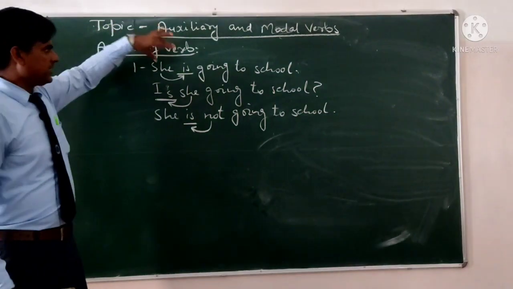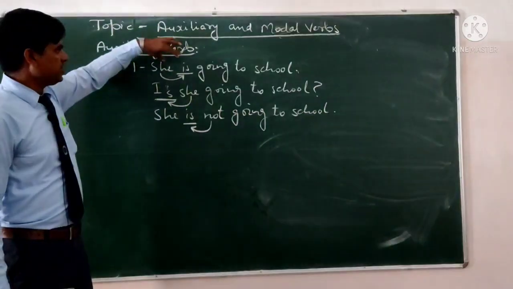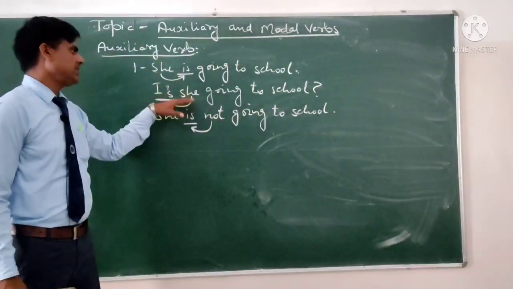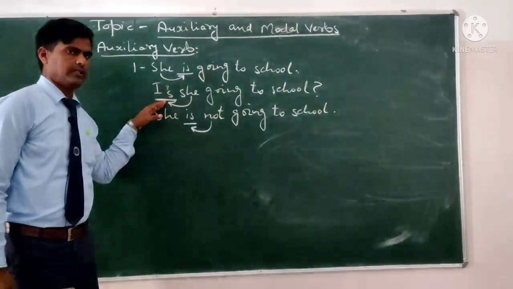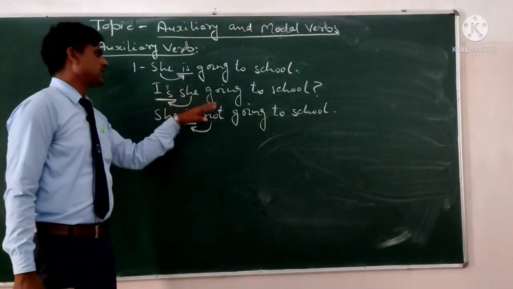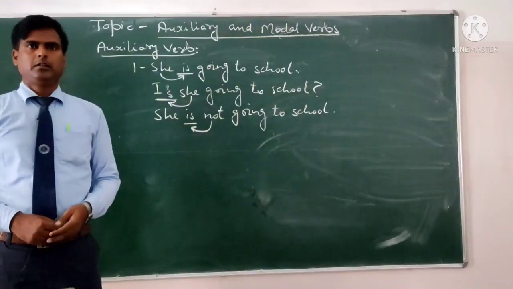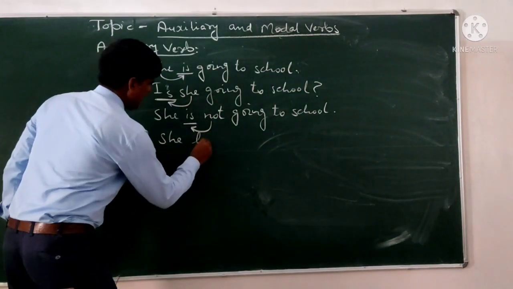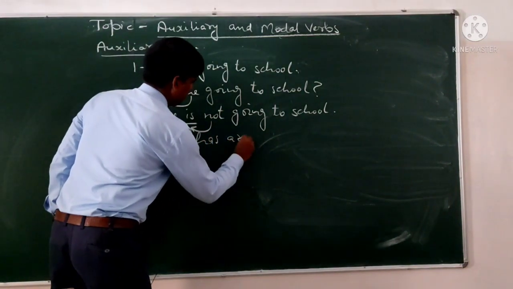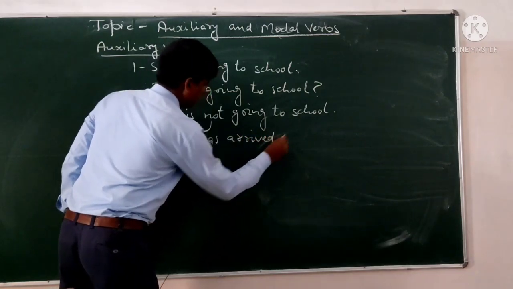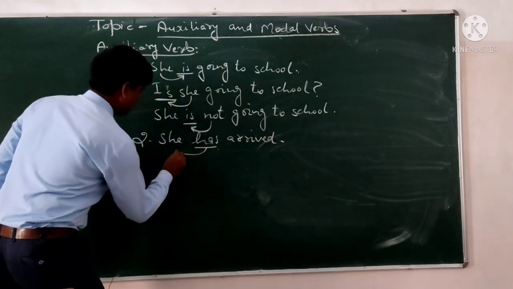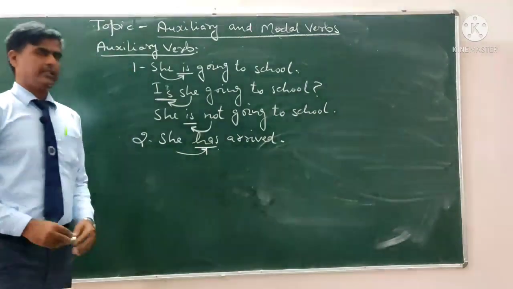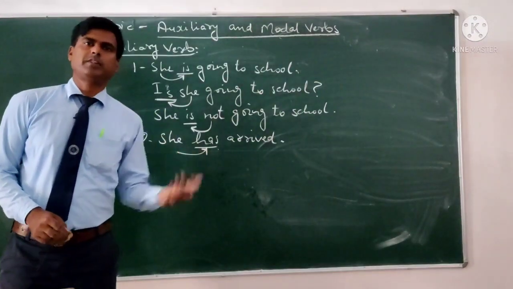So in an affirmative sentence we use the auxiliary verb after the subject, but in an interrogative sentence we use the auxiliary verb before the subject. In a negative sentence we use the auxiliary verb before not. See one more example. She has arrived. Has is used after the subject. The auxiliary verb is used after the subject.